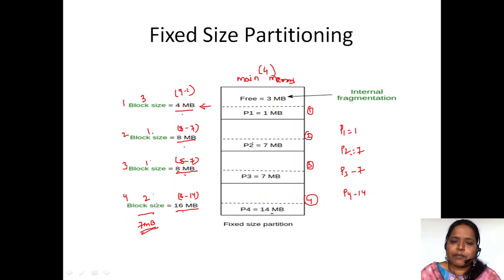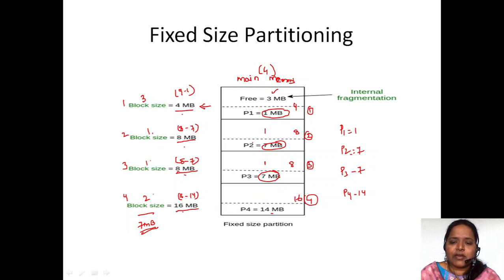Out of 4 MB, we have used only 1 MB, 3 MB is left over. Out of 8 we used 7 MB, 1 MB is left over. Out of 8 we used 7 MB, 1 MB is left over.